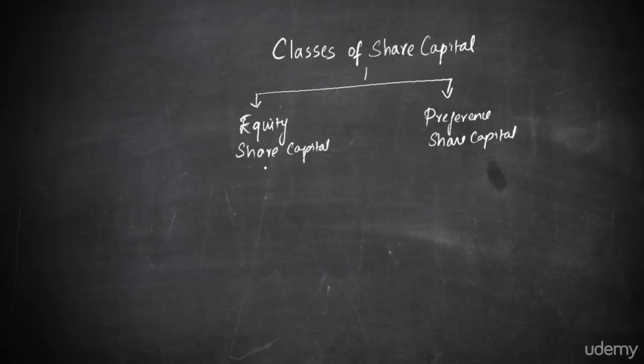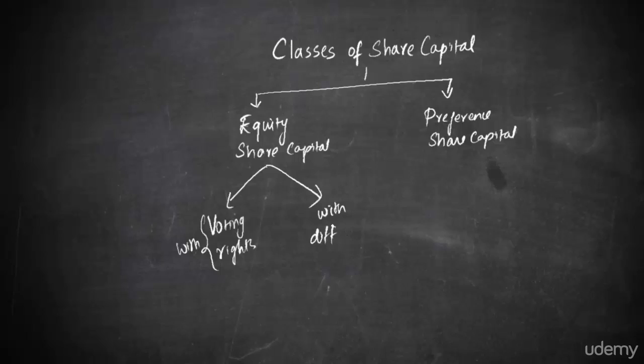See, when equity share capital is issued, it can be issued with voting rights, and it can also be issued without voting rights. Or to put it rightly, it is not without voting rights, but rather with differential rights.